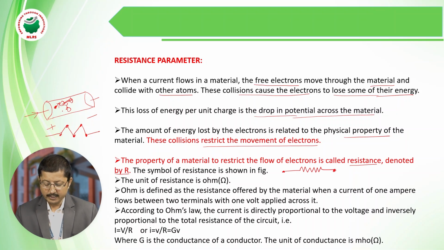The unit of this resistance is the ohm, and it is represented by the capital letter R. The ohm is defined as the resistance offered by the material when a current of 1 ampere flows between two terminals with 1 volt applied across it. That is the ohm definition.